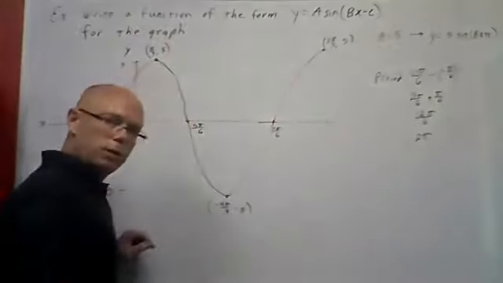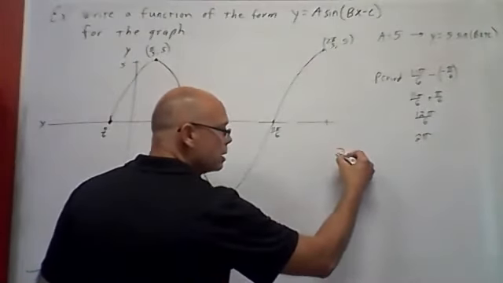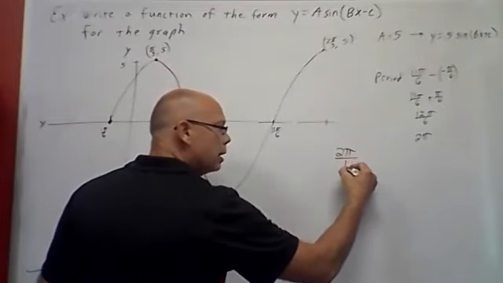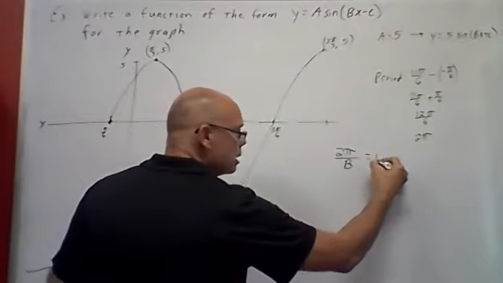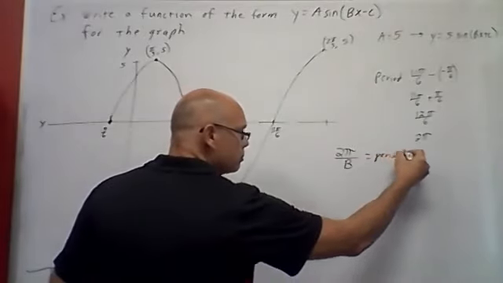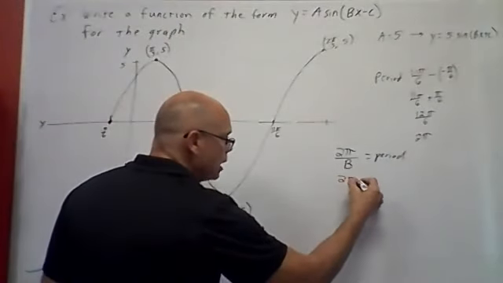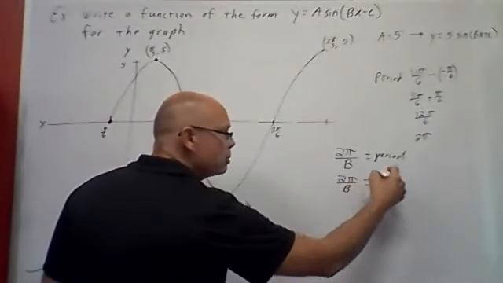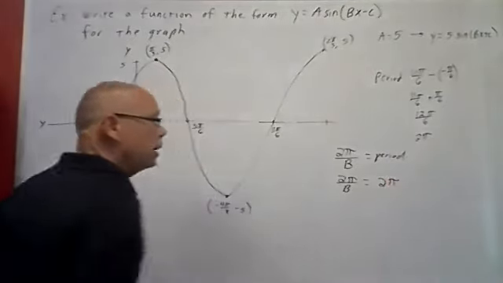So my period's 2 pi. And I find period as 2 pi over b. Isn't this how I find a period? 2 pi over b. So 2 pi over b will equal my period, which we just said was what? 2 pi.